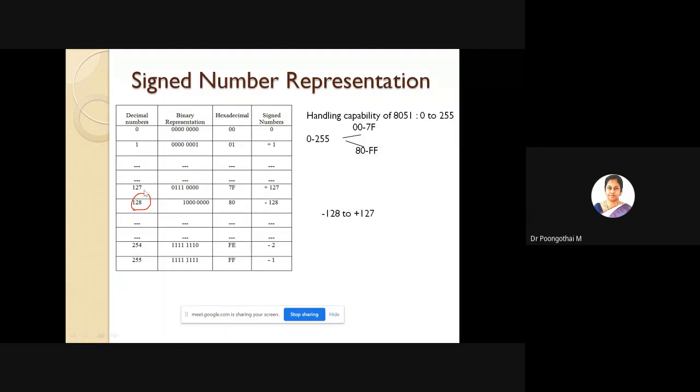In case of decimal numbers, 0 to 127 are positive numbers. So the range is 0 to 7F. And negative numbers start from 128 to 255, so 80 to FF is the negative range.